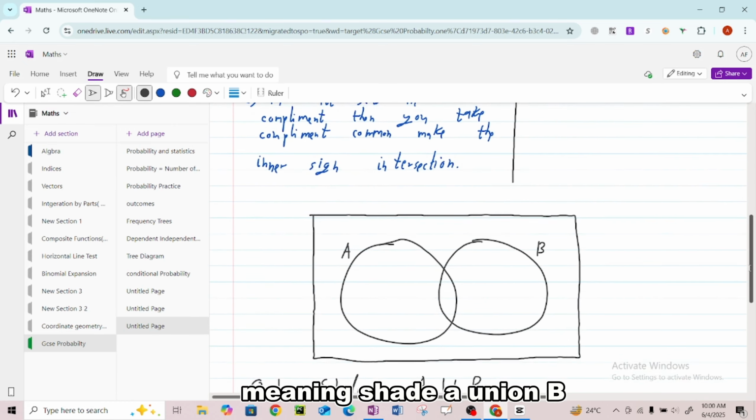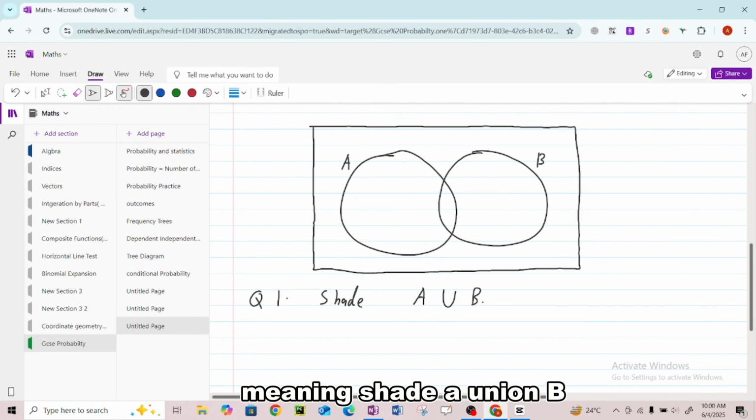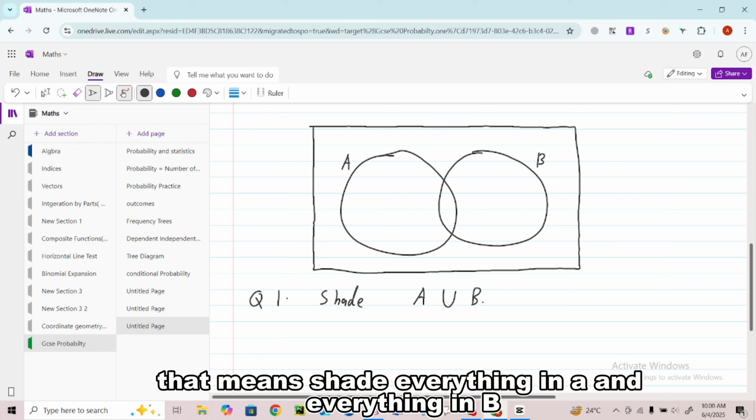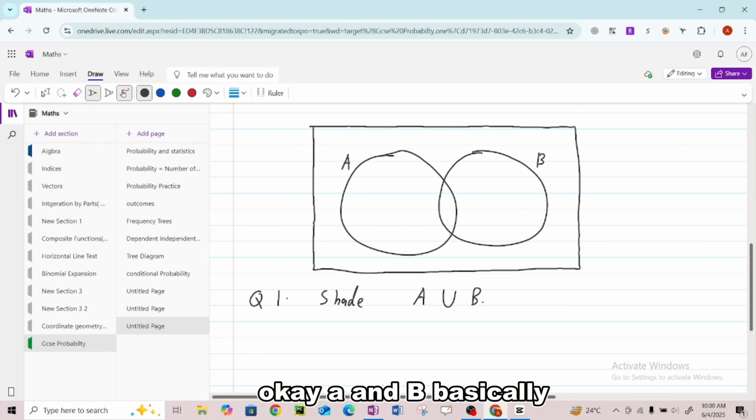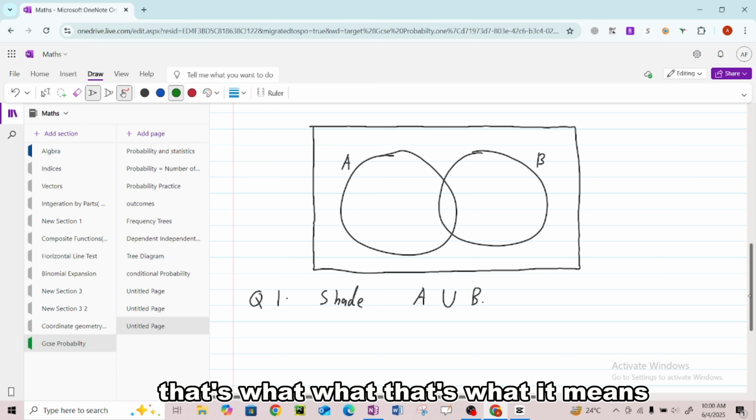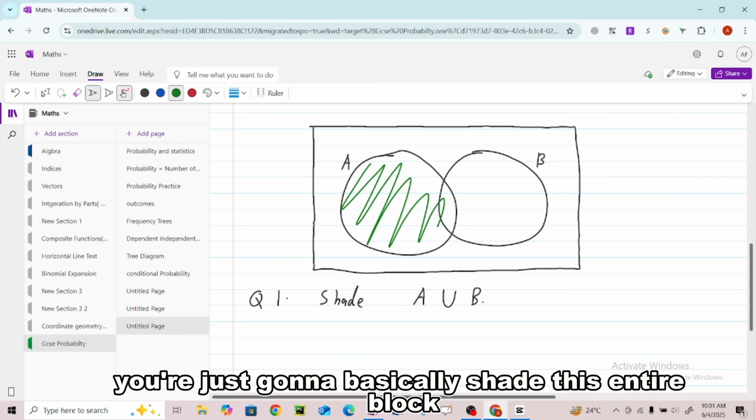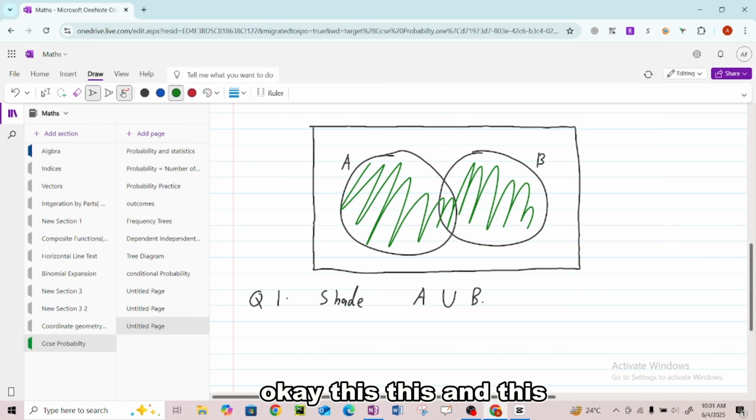Shade A union B means shade everything in A and everything in B. So I'm just going to shade this entire block, this and this.